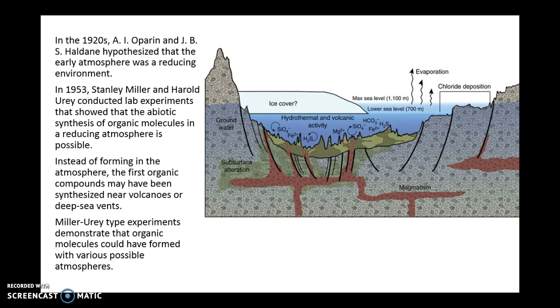So you had a tremendous amount of possibilities for chemicals to bombard each other and get together to form larger molecules, compounds, and then those compounds to get together to form larger and larger particles.